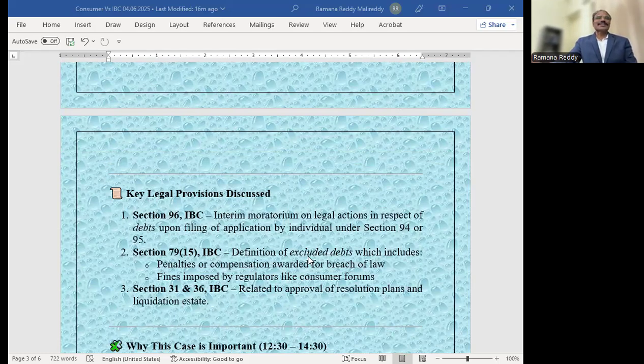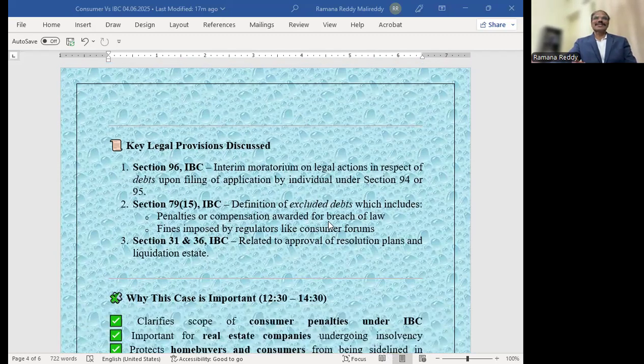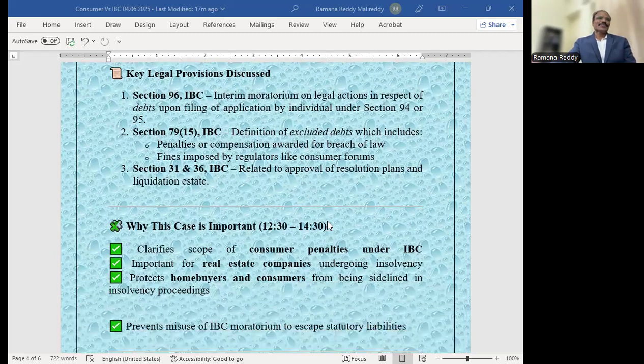Section 79(15) of the IBC is the definition of excluded debts, which includes penalties or compensation awarded for breach of law, and fines imposed by regulators like consumer forums. Sections 31 and 36 of the IBC relate to approval of resolution plans and liquidation estates. These are the legal provisions discussed in detail.